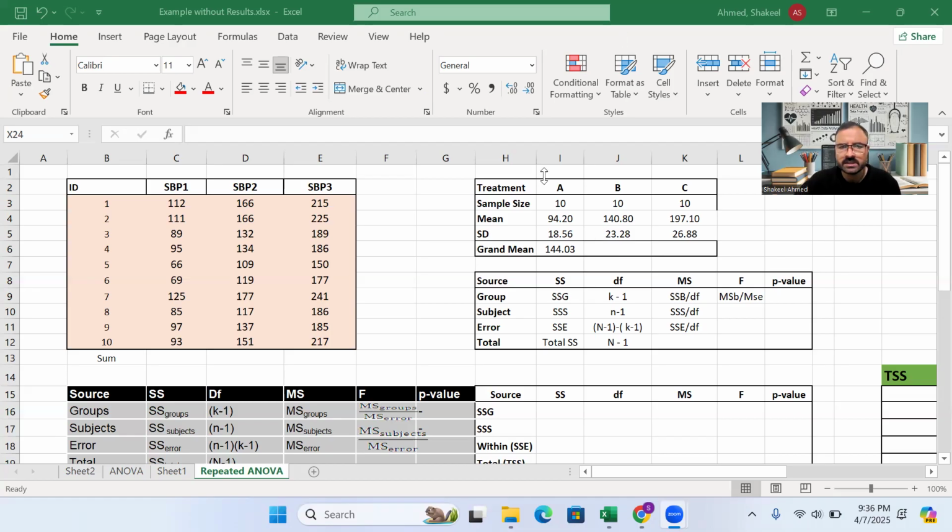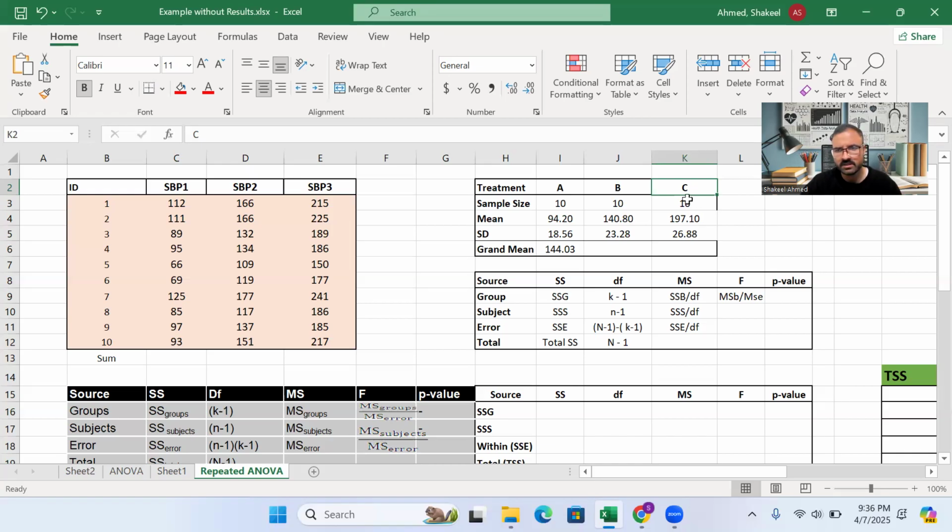So in repeated measures ANOVA, we need to find two sources of variation, one by the three groups and one by the individuals. So I have just described the data for three groups: group 1, group 2, group 3, each having 10 individuals, basically the same 10 individuals.